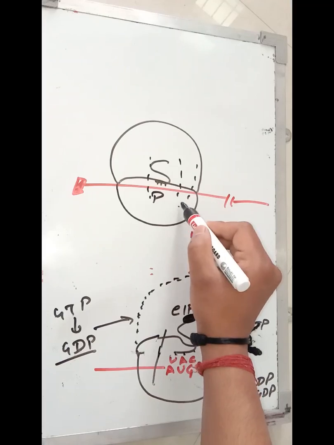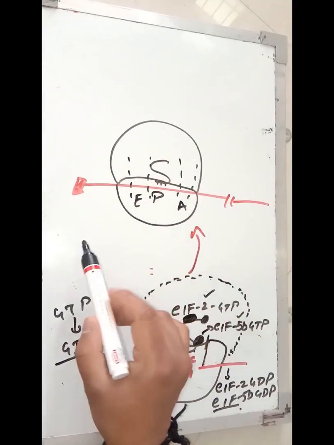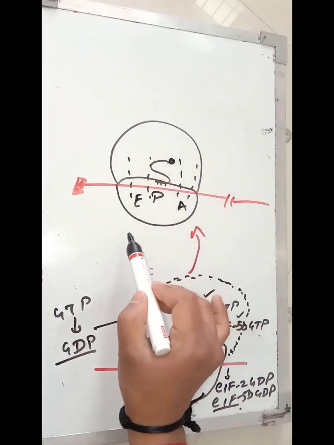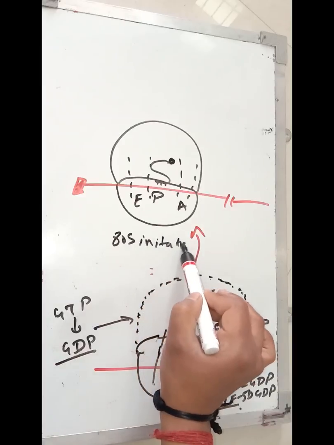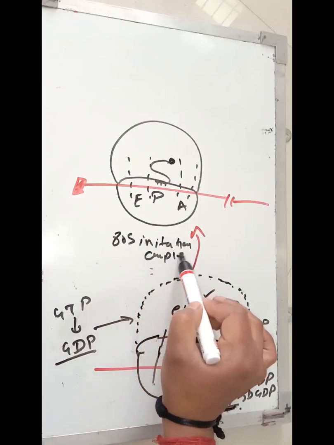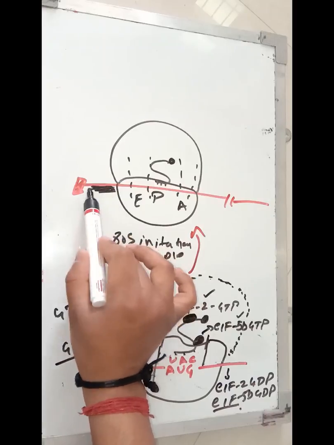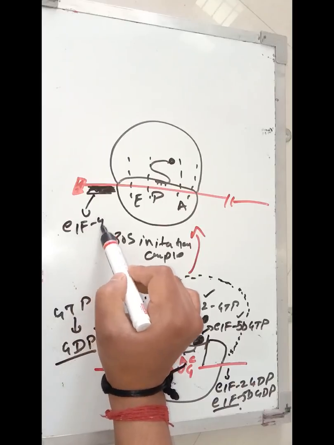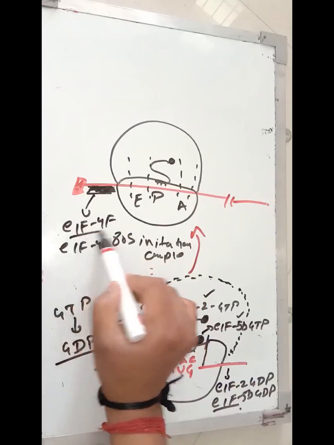Here is an empty A site, here an empty E site. Now this complex is known as the 80S initiation complex. Here EIF4F and EIF4B remain bonded.